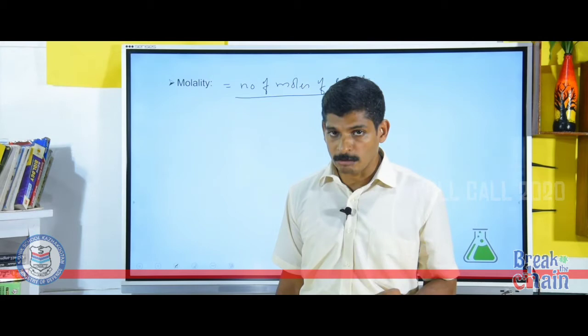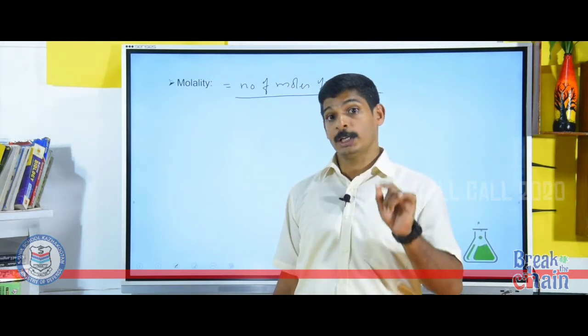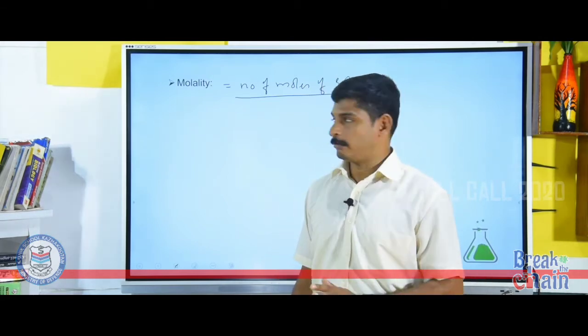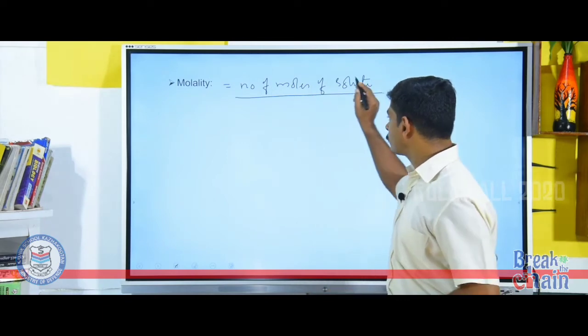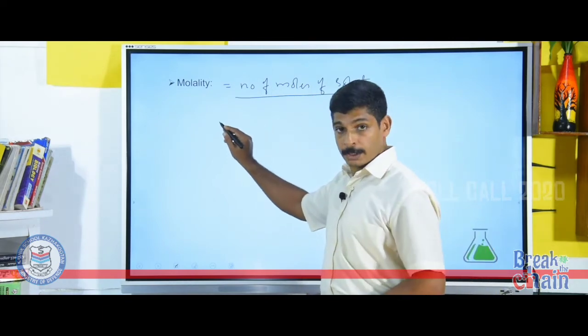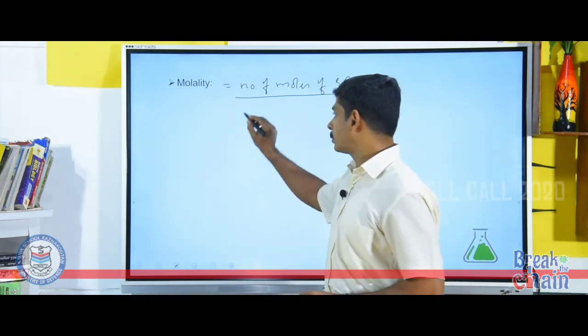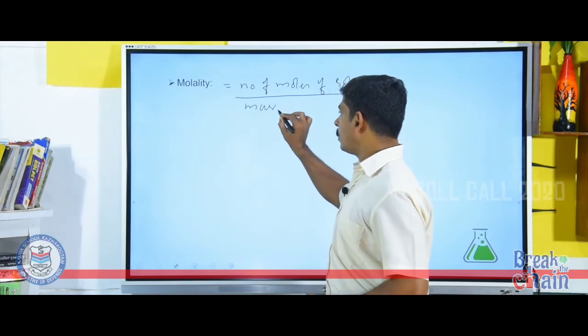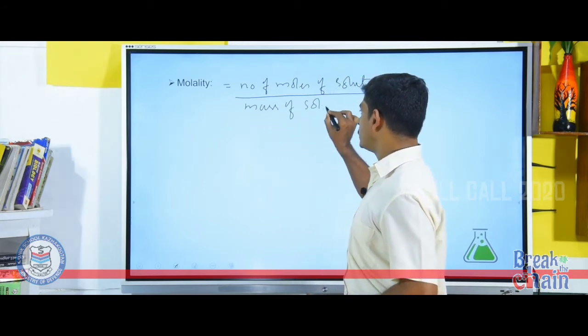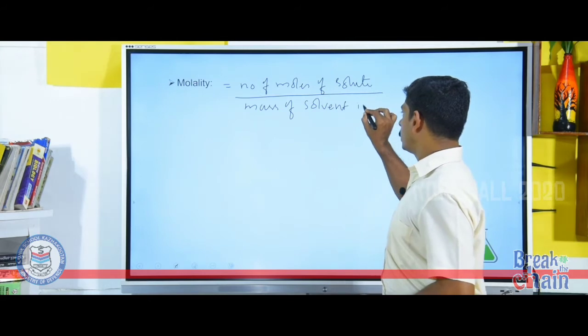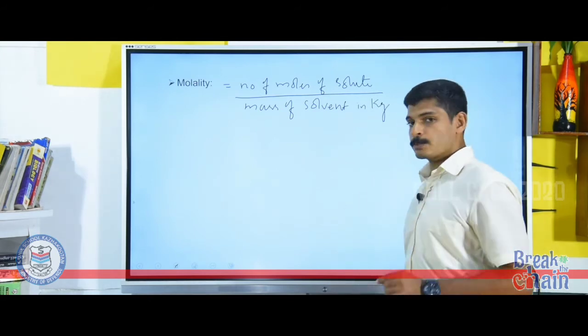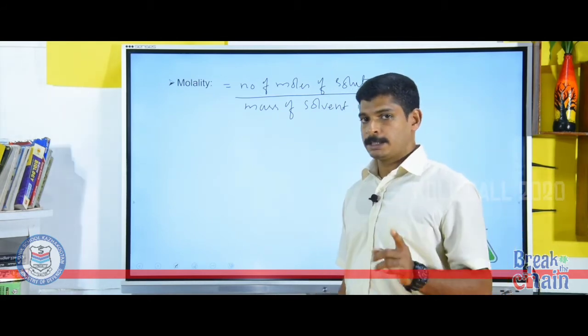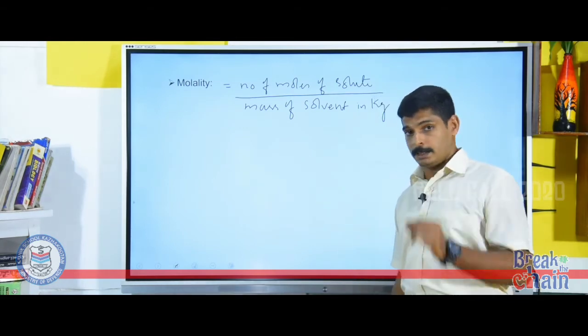Remember, it is solvent. Earlier it was total solution, right, but here it is solvent. So, number of moles of solute dissolved per kilogram of solvent divided by mass of solvent in kilogram. It should be in terms of kilogram. Please remember this, it is very important.